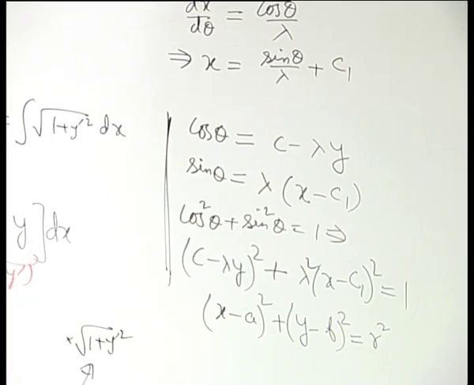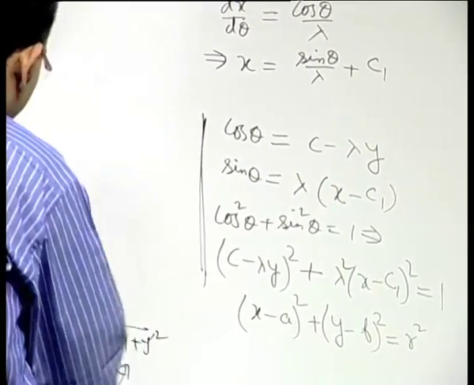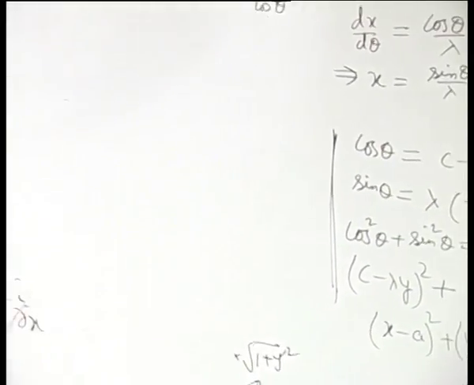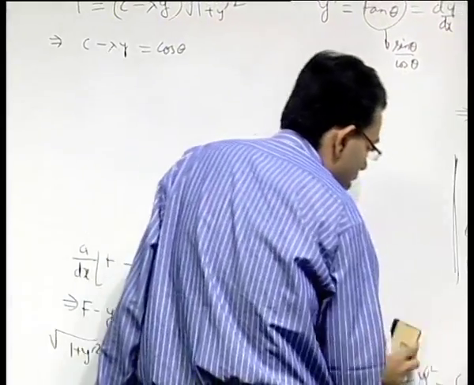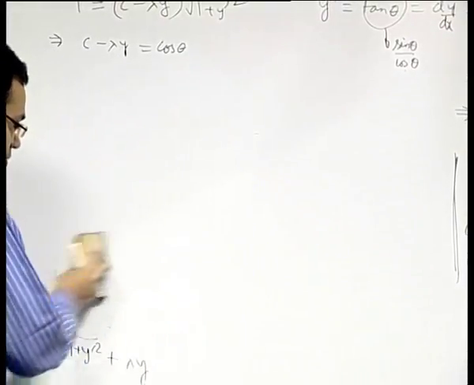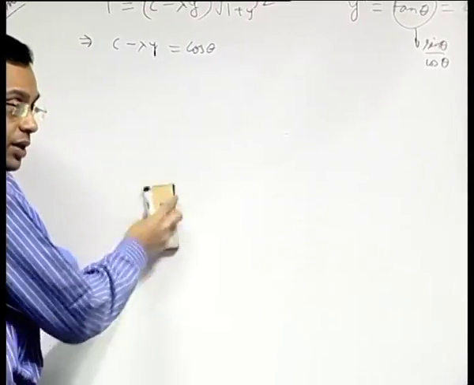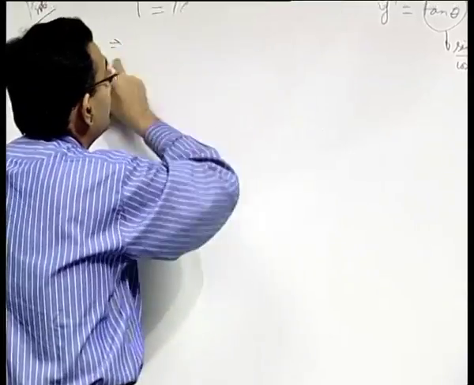Okay. Now till now we have discussed about cases where the functional f involves function of x, y and y prime, but it can also contain functions of higher order derivatives.